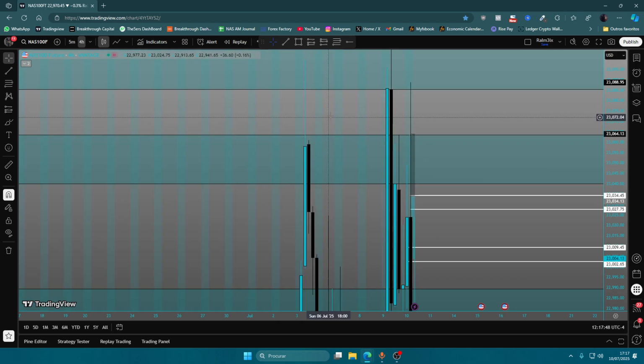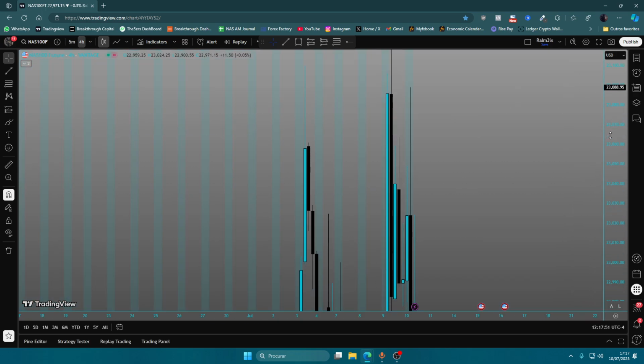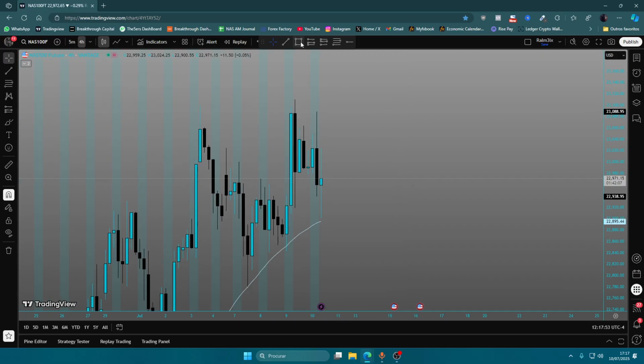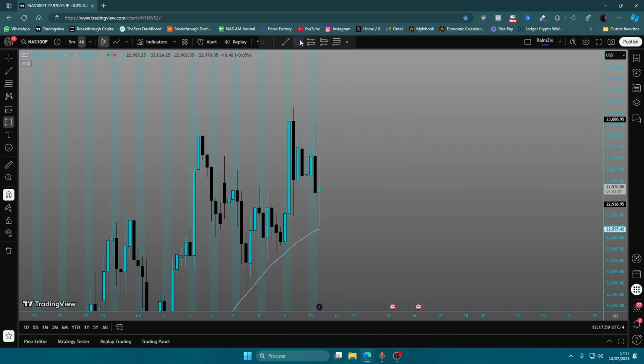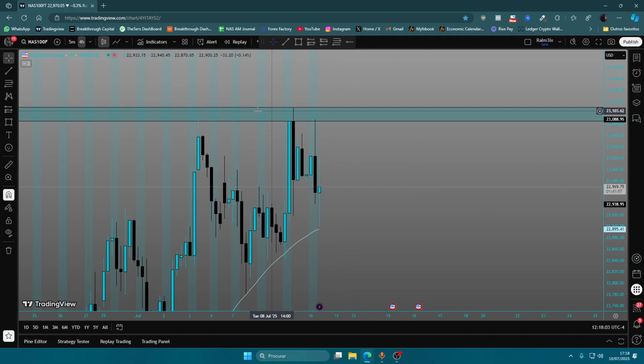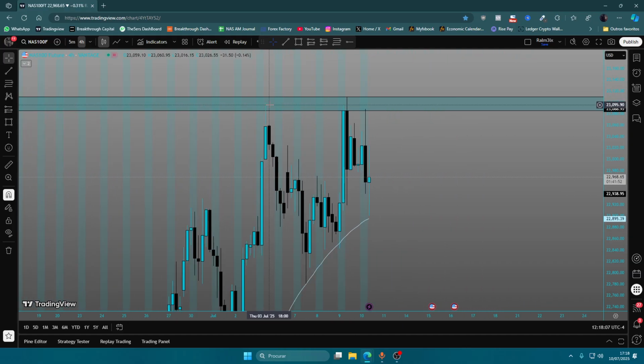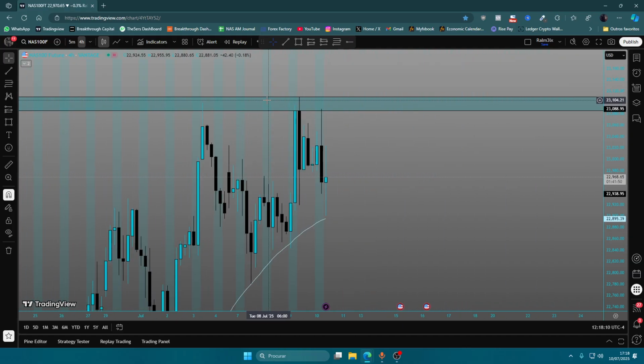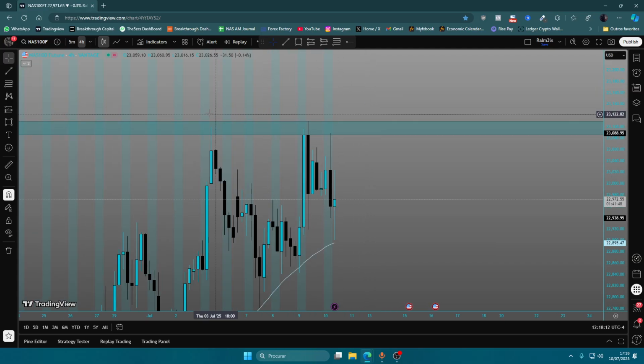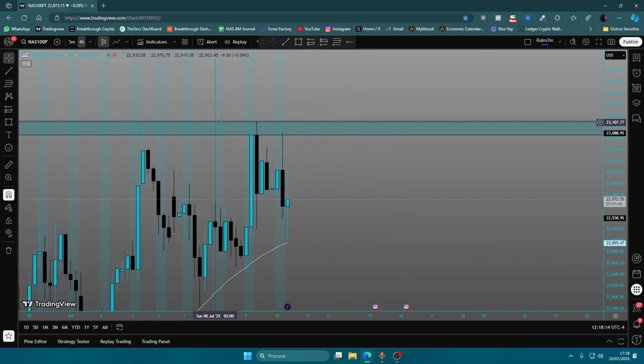So yeah, 4 hour. Let me delete all the drawings. Basically, what I need to find on the 4 hour is always the same thing: the support and resistance areas. As you can see here, we are so high on Nasdaq, so we don't have anything on the left.